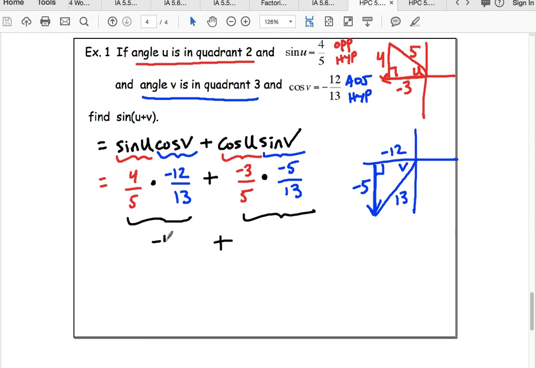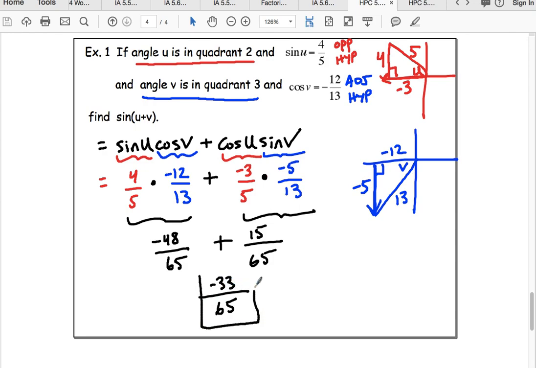Multiplying straight across the top, we get -48. Straight across the bottom, we get 65. Over here, multiplying across the top, we get 15, and across the bottom, 65. We have a common denominator of 65, so we can add the numerators. We would get -33/65. And that is your final answer.